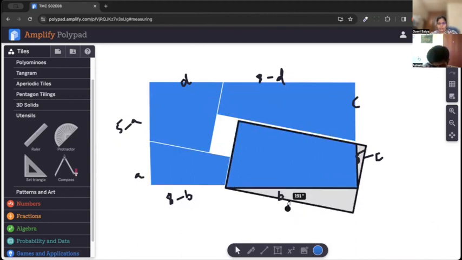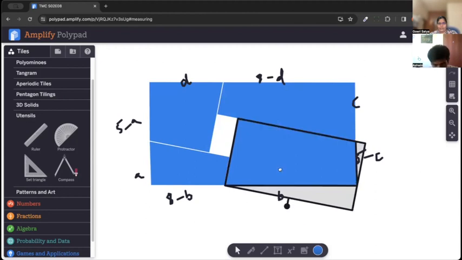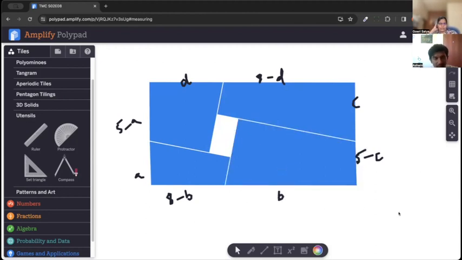Right. So the area of the bigger rectangle is effectively going to be the length and breadth of this big rectangle, which will be the length of the two transversals. Yes, correct.